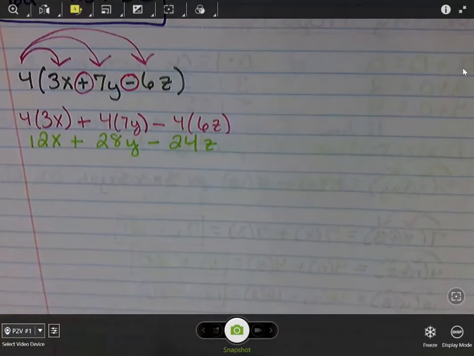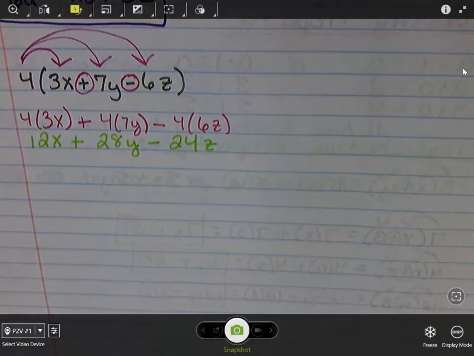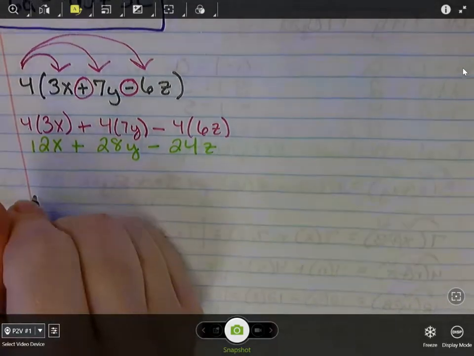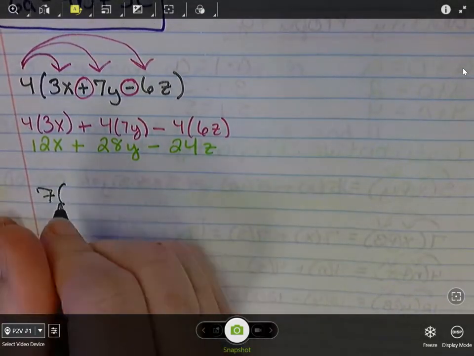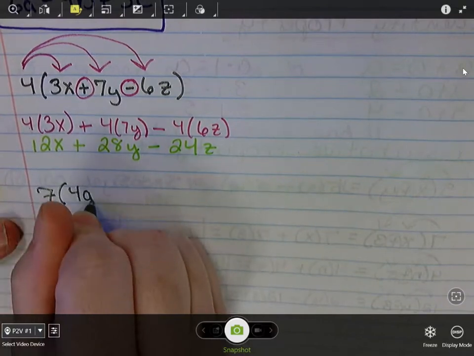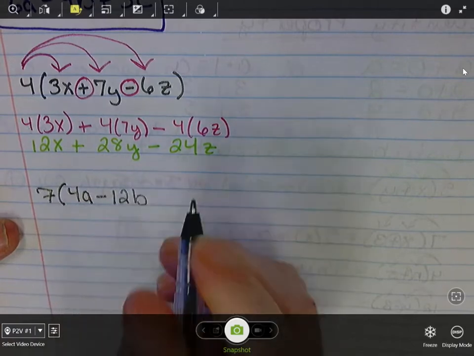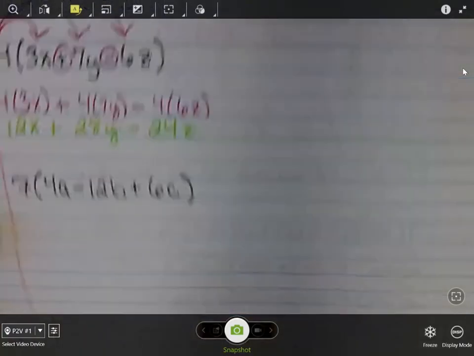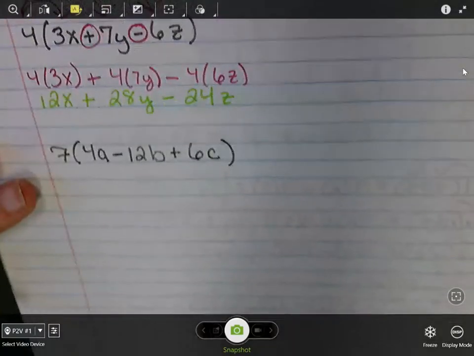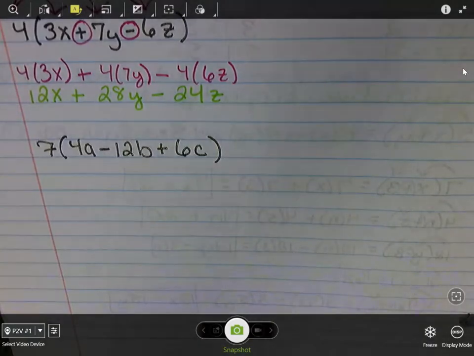All right, so here's the problem those of you in class are going to do on your own. 7 times 4a minus 12b plus 6c. And I will pull that up a little bit so you can see it, and I will freeze my screen. And then, like I said, those of you on Google Meet, I will go back and show you all the other notes.